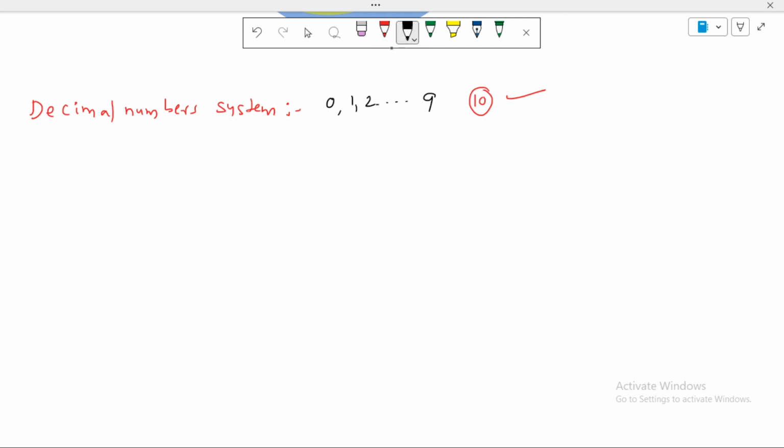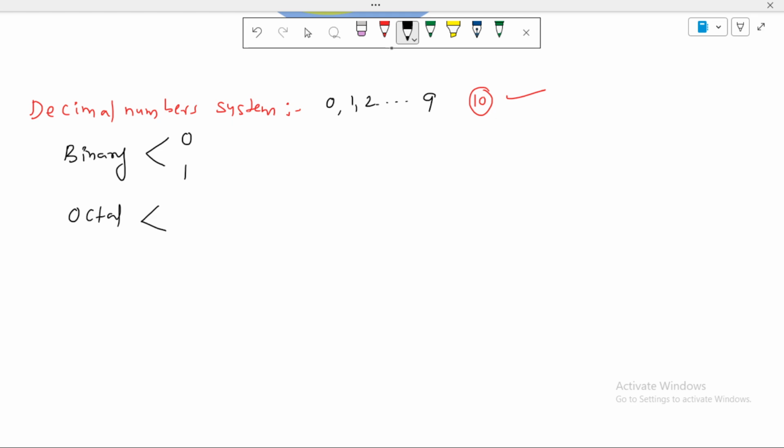After the decimal number system, we have the binary number system. If we form any number with the help of the digits 0 and 1, then it is usually called the binary system. Then we have the octal system. Octa means 8, we know already.